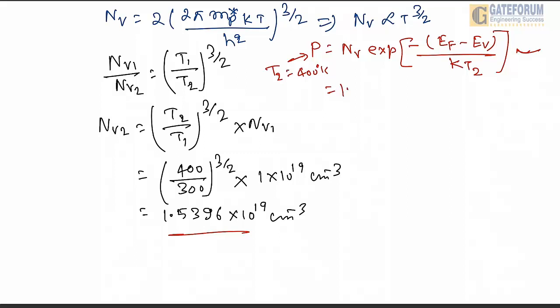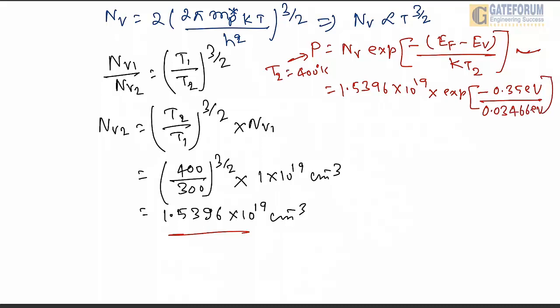So we'll get 1.5396 into 10 raised to 19 into exponential of the EF minus EV value, which is given in the question as 0.35 electron volt, and KT2 we had calculated as 0.03466 electron volt. So this electron volt and this electron volt cancel each other, leaving only the ratio with the negative sign.